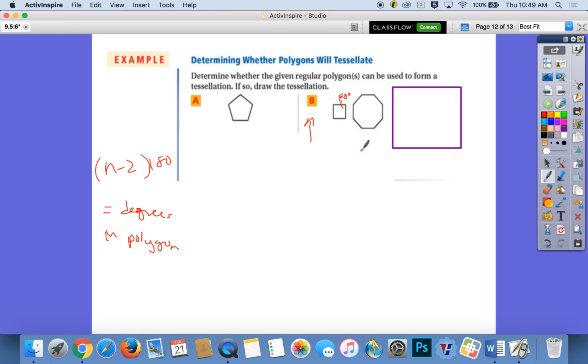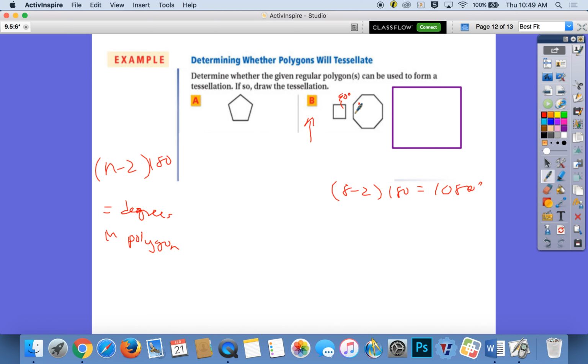And then how many degrees do I have in this octagon? I have 8 sides, so 8 minus 2 times 180 degrees is 6 times 180 degrees, which is 1,080 degrees.